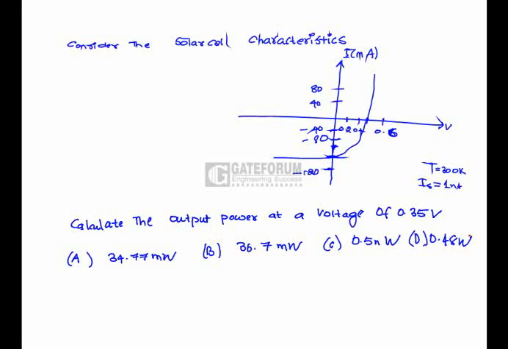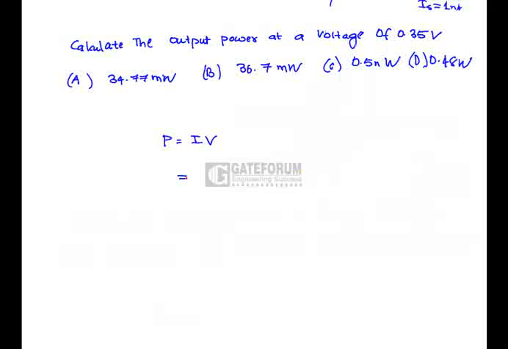Question is, consider the solar cell characteristics given in the figure. Calculate the output power at a voltage of 0.35 volts. For a solar cell, the power output is given as I into V, whereas I equals to IL minus IS (e power V by Vt minus 1).